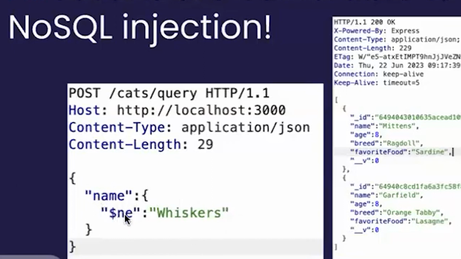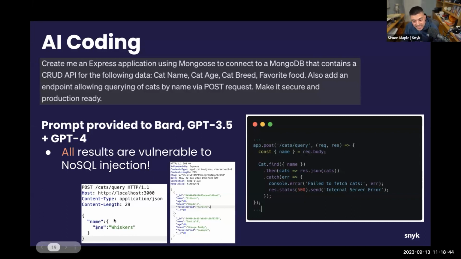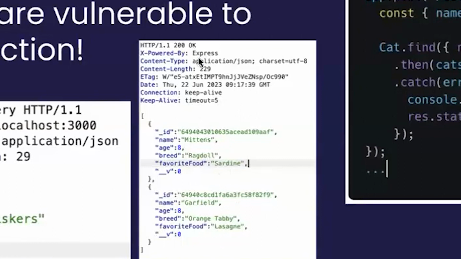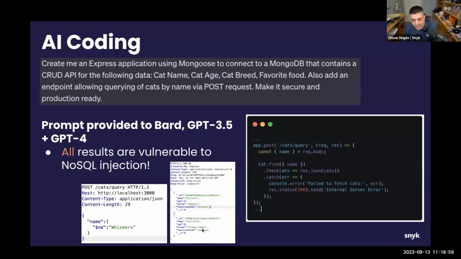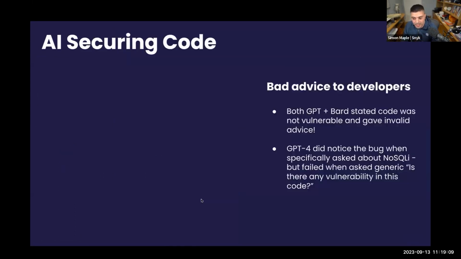And this JSON object is not equal to whiskers. As a result, this query will effectively pass me back every object in this graph which does not equal whiskers. And the result here is an HTTP 200 passing me back everything which isn't a cat called Whiskers or a pet called Whiskers. So all results, again, bar GPT 3.5 and 4, vulnerable to NoSQL injection.